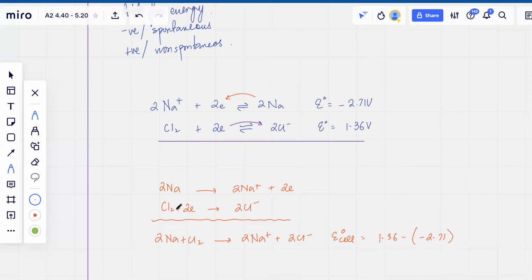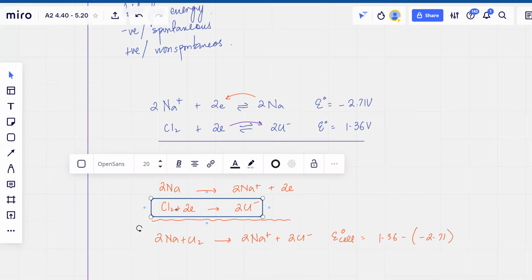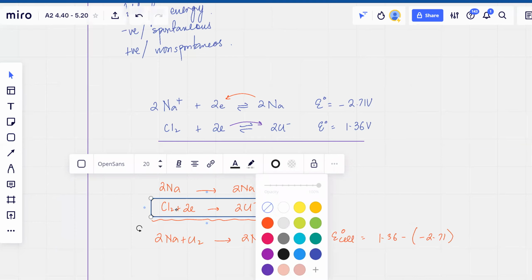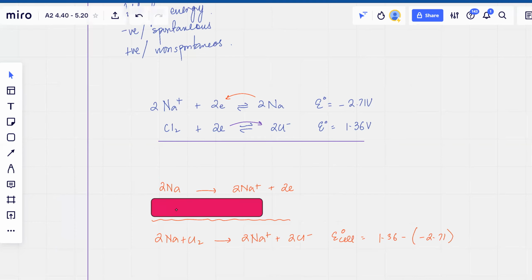Now this first question, what they've basically done is they've actually removed one of the equations. You don't know what this equation is, so that equation is missing. They've given you the final equation, the overall equation. They've given you the first equation for oxidation. I mean, they've given you one of the half reactions.